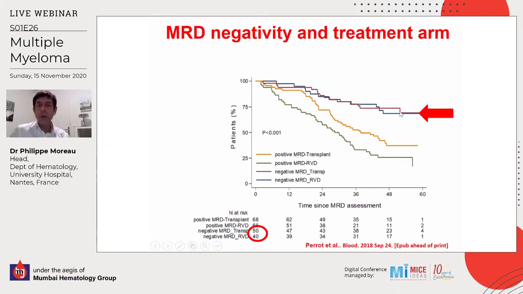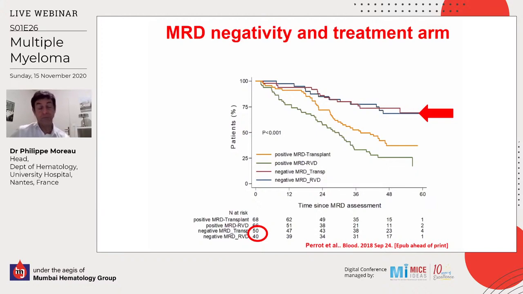And as soon as you are reaching MRD negativity, the outcome is identical, suggesting that you can reach MRD negativity with VRD alone at 10 to the minus 6, and definitely your outcome will be identical to that of patients treated with stem cell transplantation.